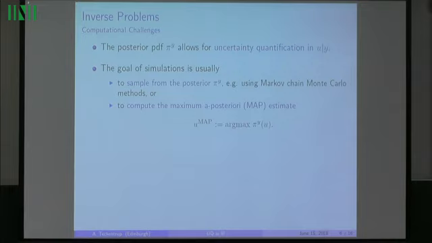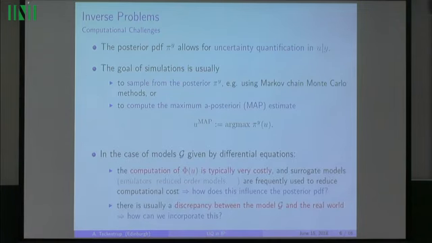Another thing that you might want to do is compute what is known as the maximum a posteriori or MAP estimate. So this is just the point that is most likely. Okay, that's the point that's most likely under your posterior distribution, so it's defined as the one that maximizes the posterior density.